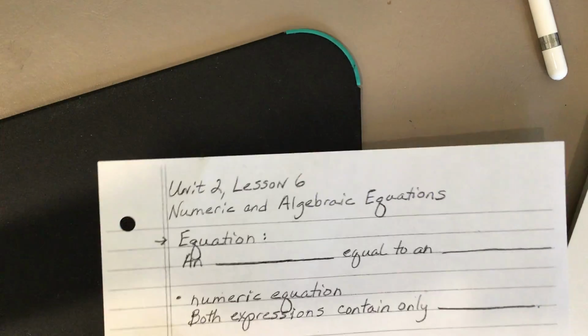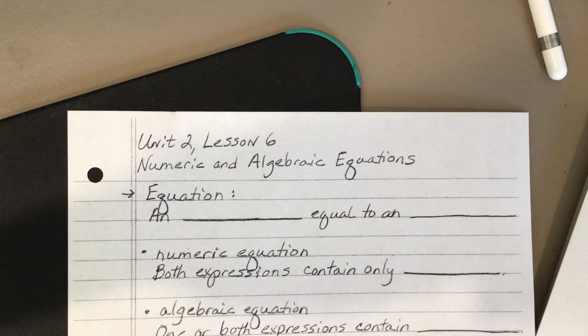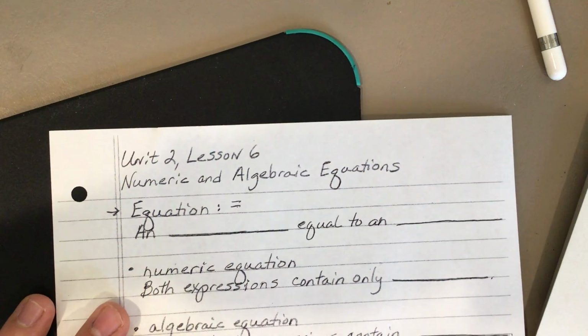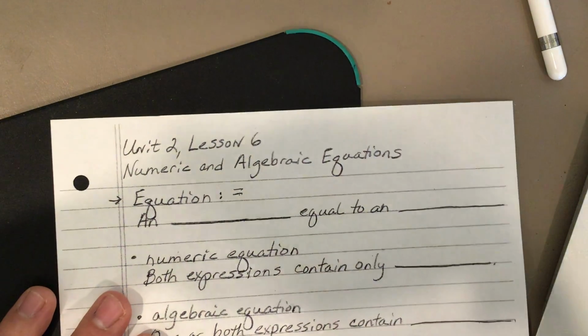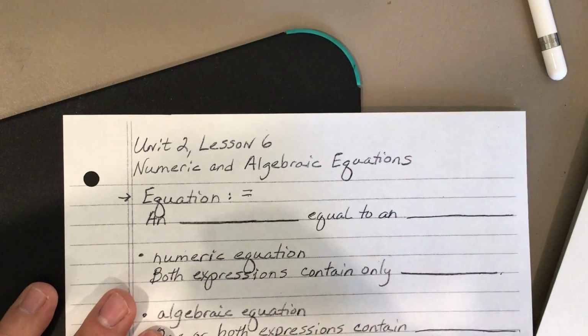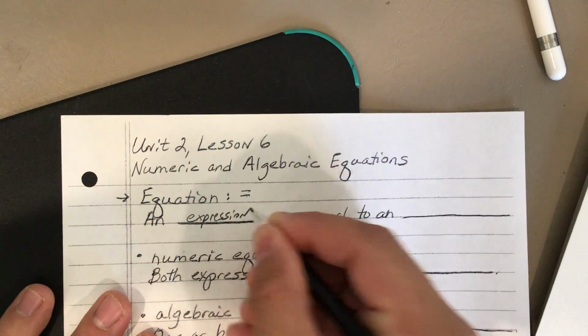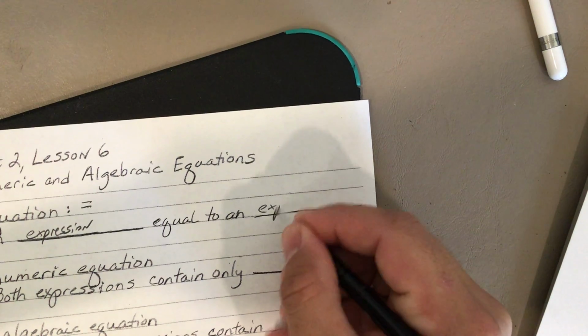All right, so let's take a look at our notes today. Okay, an equation. What makes it an equation? Well, it's going to need an equal sign. An equation is an expression equal to an expression.